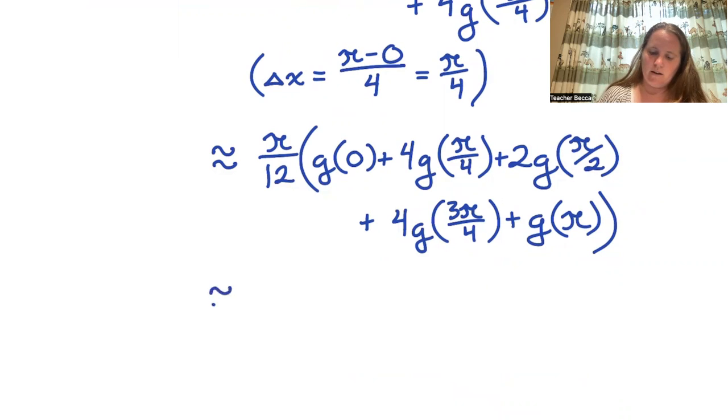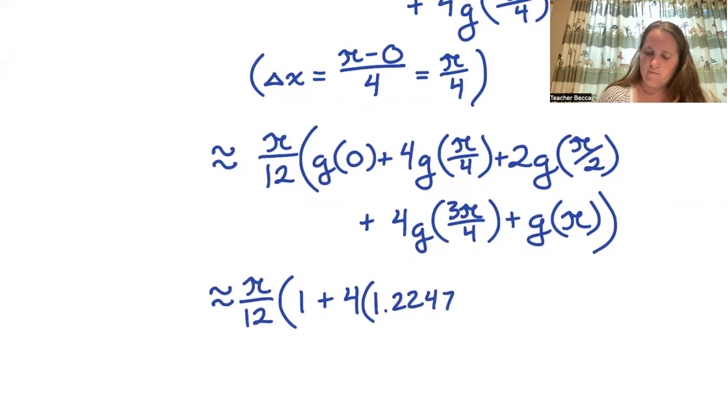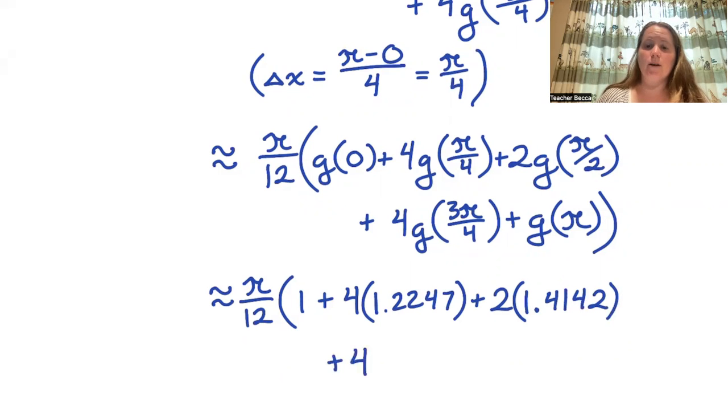So we are looking at pi over 12 times 1 plus 4 times g of pi over 4, which is about 1.2247, plus 2 times g of pi over 2, which is approximately 1.4142, plus 4 times g of 3 pi over 4, so plus 4 times 1.2247.